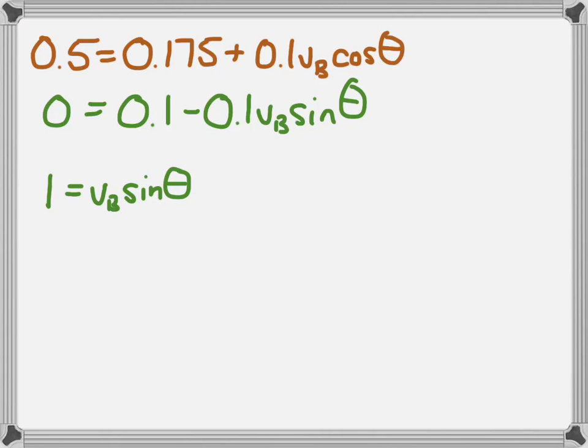And then I'm going to do the same thing and get VB cosine theta by itself for this equation up here. When I do that, I end up with this equation. So I've simplified this to solve for VB sine theta, and I get VB sine theta equals 1. And then solving this one for VB cosine theta, I get 3.25 is equal to VB cosine theta.